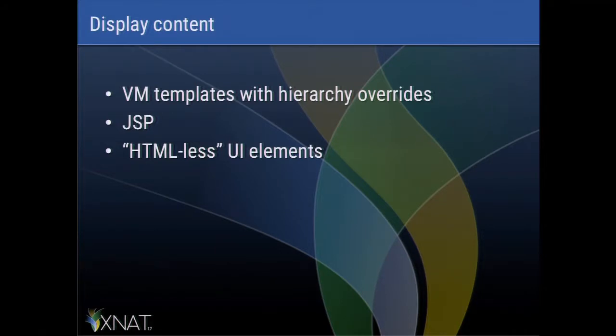HTML-less UI elements, and that's the spawner system. We're still a little squishy about exactly how you'll integrate spawner elements into your own UIs. We'll have that worked out fairly soon. But for right now, you can inject your own definitions into anywhere in the system and have them appear.